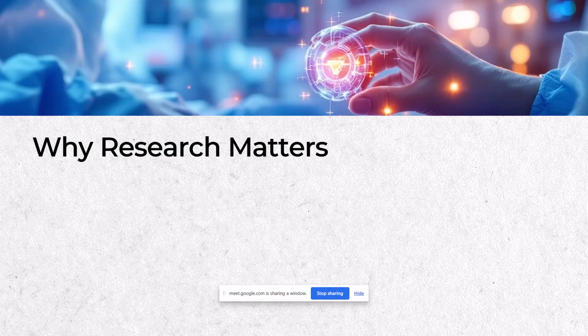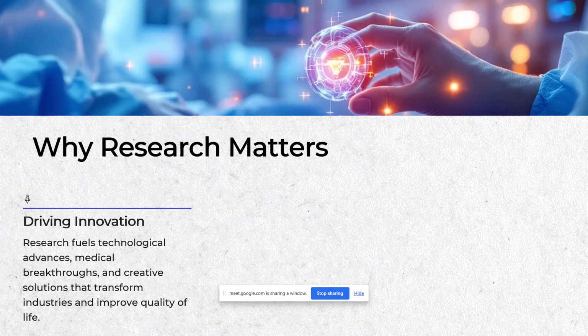Why does research matter? Research matters because it's only through research that we have innovation. You can say that innovation is the child of research.